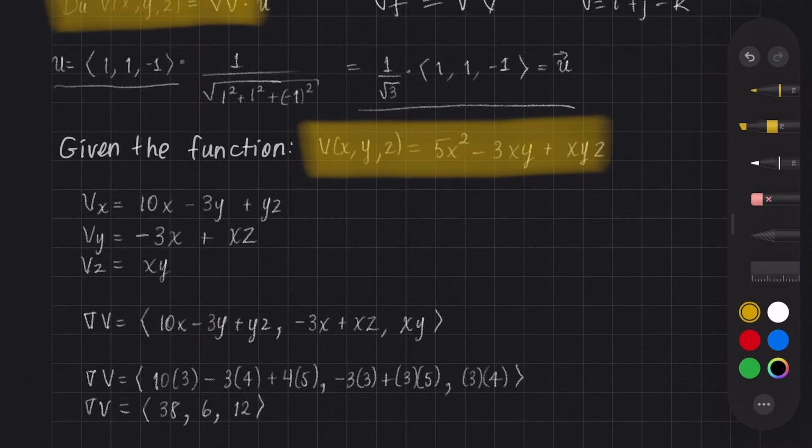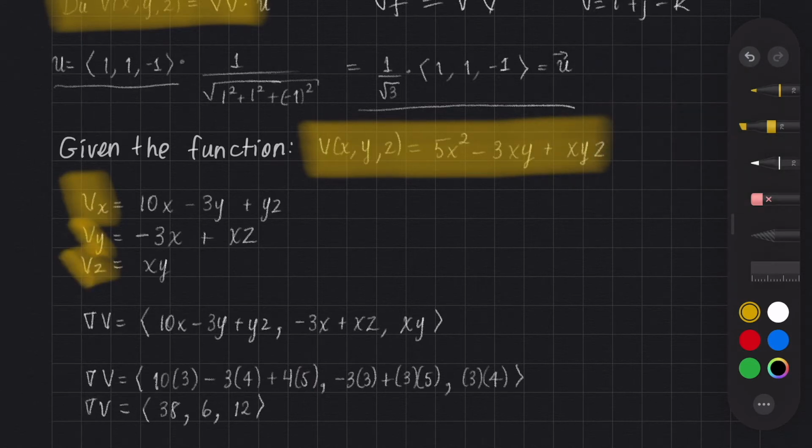So then we want to construct our gradient vector, which in this case is accomplished by taking the partial derivative of the function V, first with respect to x, then with respect to y, and then with respect to z.